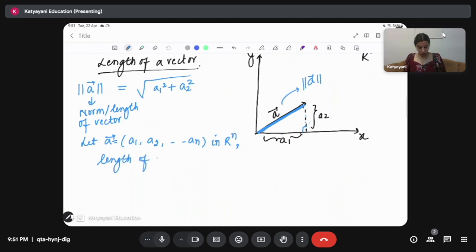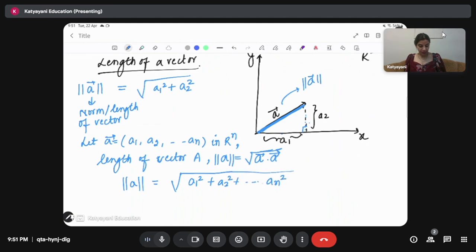The length of vector A, which is defined by A norm, is equal to the dot product of A with A under root, right? So let's see how it is the dot product. So A norm क्या होता है? Dot product जब करोगे A का A के साथ, तो what will it become? A1 square plus A2 square and so on till An square.